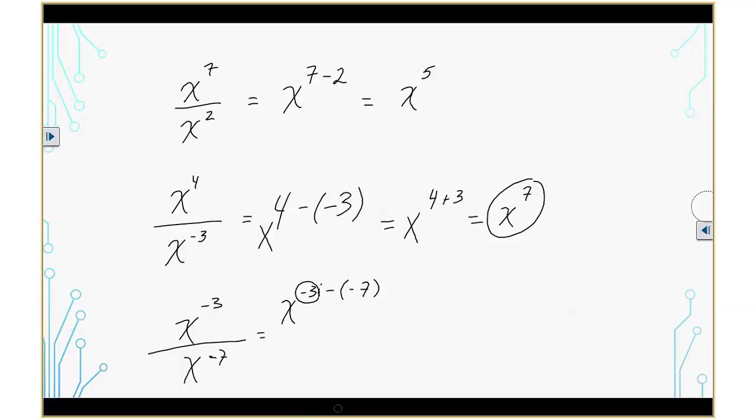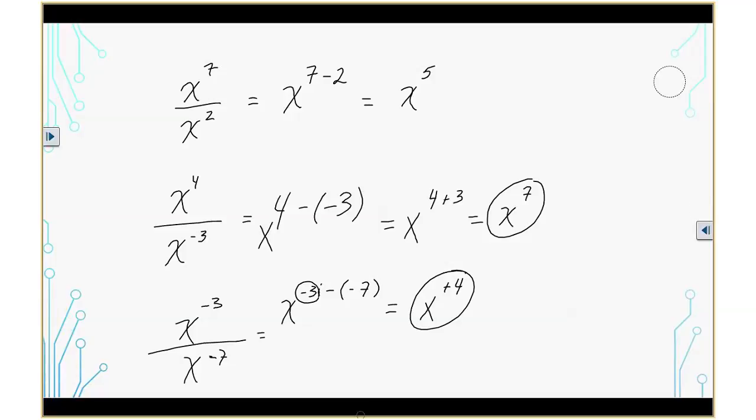I wanted to show you what happened. Negative 3 plus 7 is what? Positive 4. Okay.